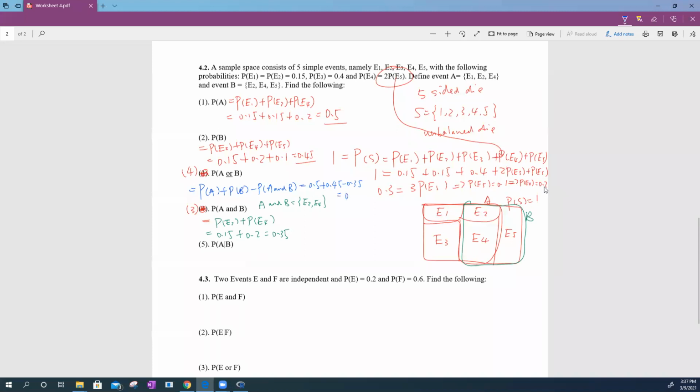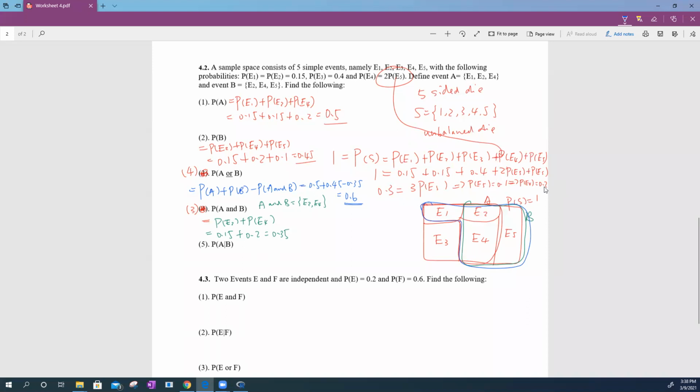So that tells us 0.6. Or is what? It's just a collection of all this area, a union of all the area. So we don't count the overlap twice.